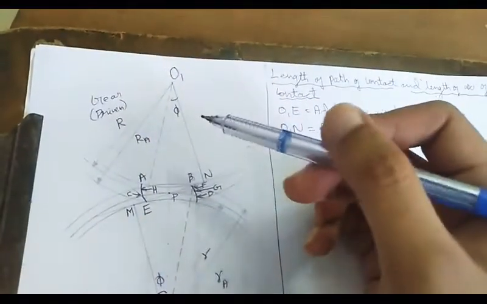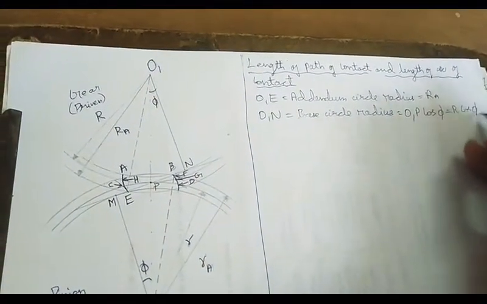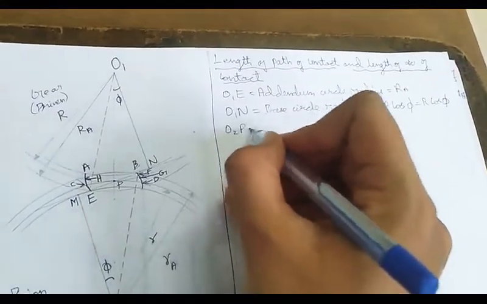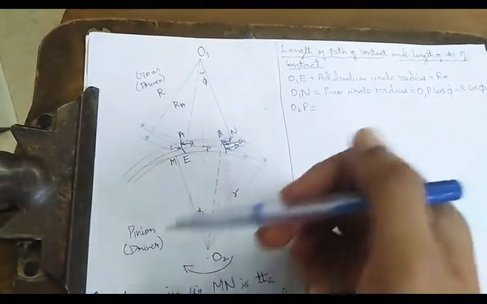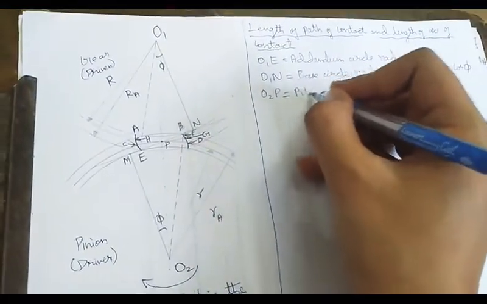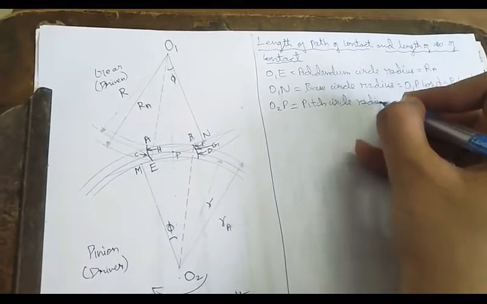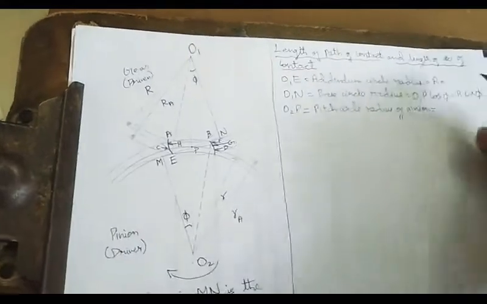From the figure, O1P is nothing but the pitch circle radius R. So we can write R cos phi. Similarly, O2P is the pitch circle radius of the pinion, and it is shown by small r.